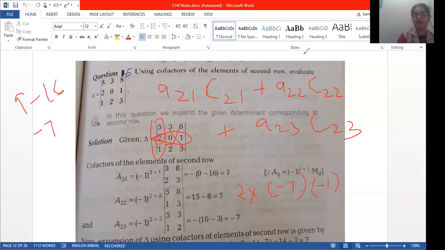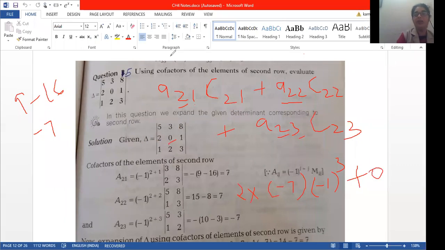And then we all know we have to also write minus 1 to the power of, for cofactors, minus 1 to the power of 2 plus 1, 3. So it will be equal to, then plus sign will come. Then next is plus, you will calculate A22. Now I'll clear this up so that things will be more clear. A22 is 0.